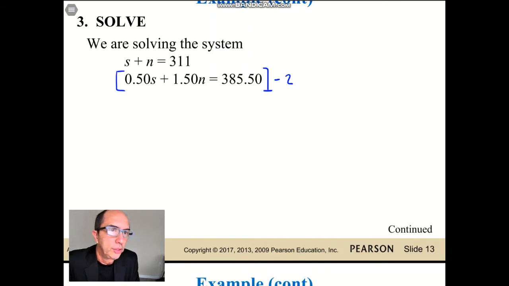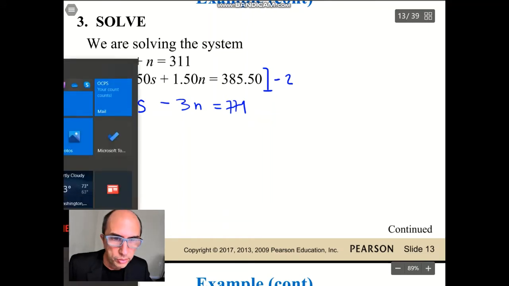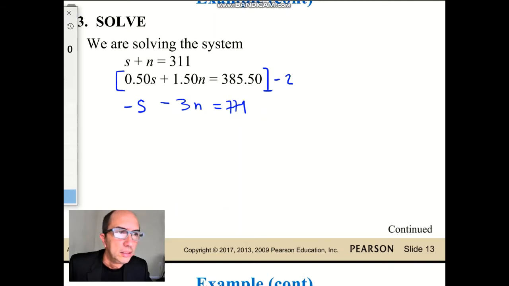-2 times 0.50s is going to be minus s. -2 times 1.5n is -3n, equals -2 times 385.50, which is going to be 771. Let me just check with my calculator here. I don't want to give you the wrong number. 385.5 times 2.